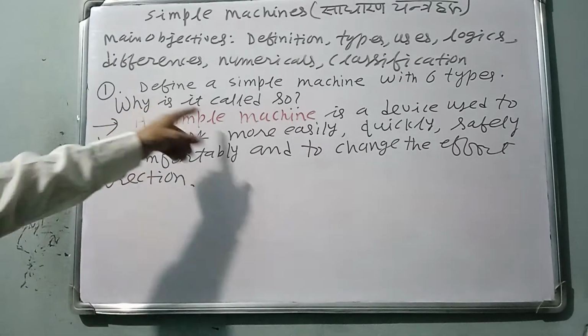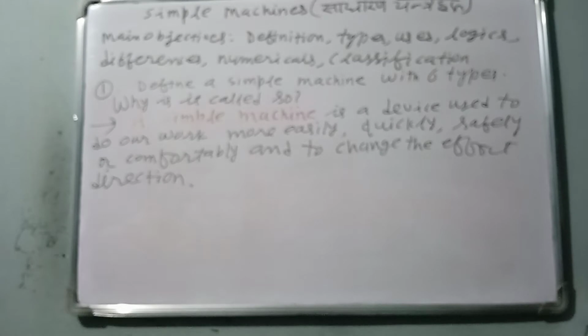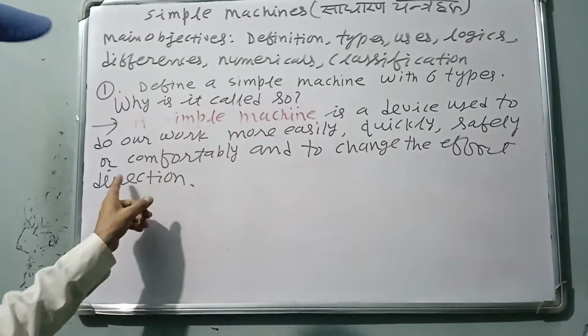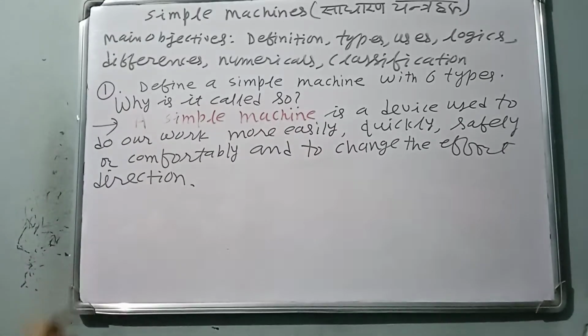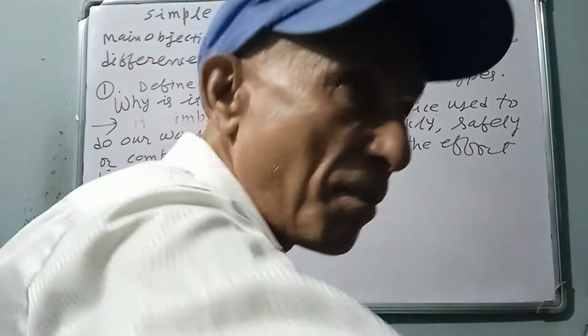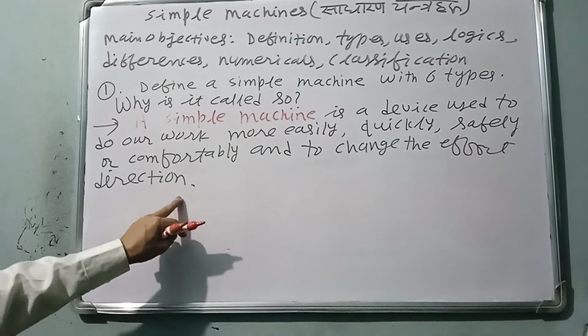What happens? A simple machine is a machine which helps us to do our work more easily, quickly, comfortably, safely, and change the direction of force. That means it changes the direction of force.